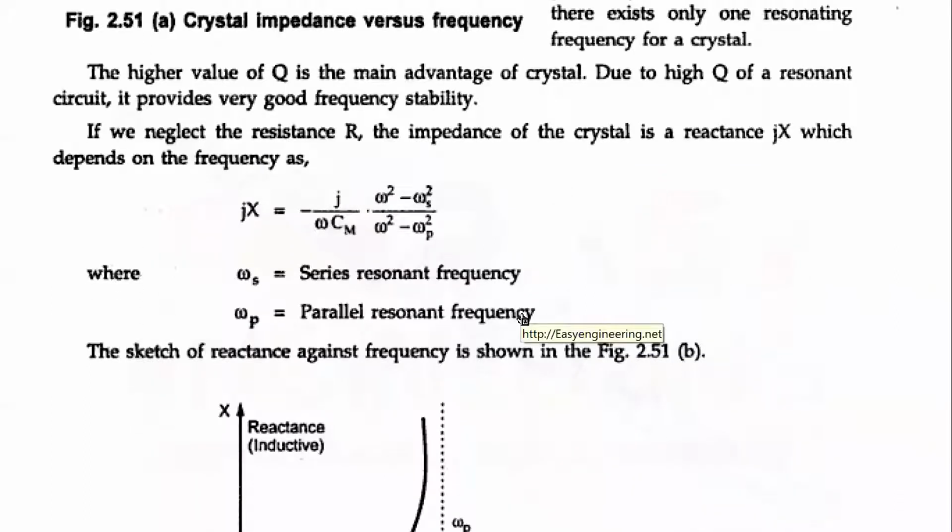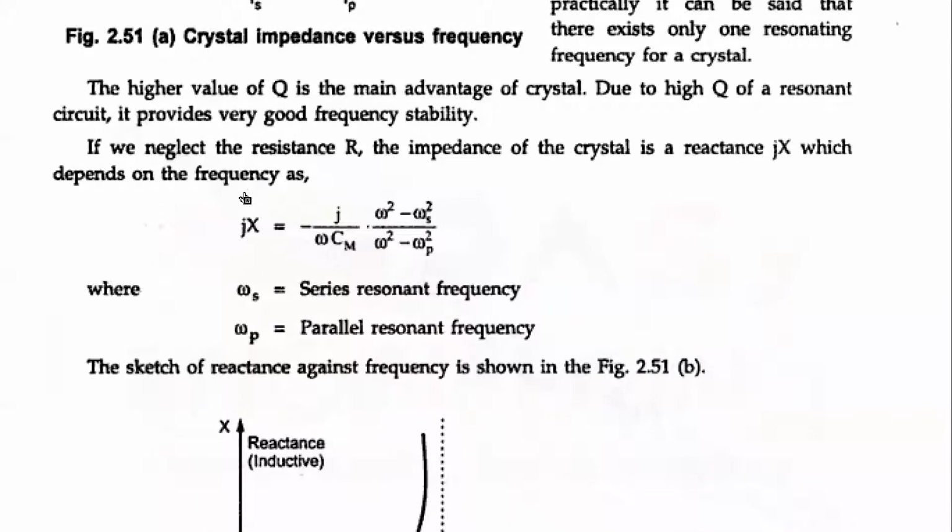So this is the equivalent impedance that we get if we neglect R.